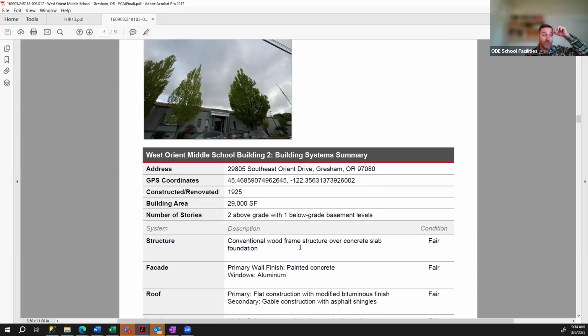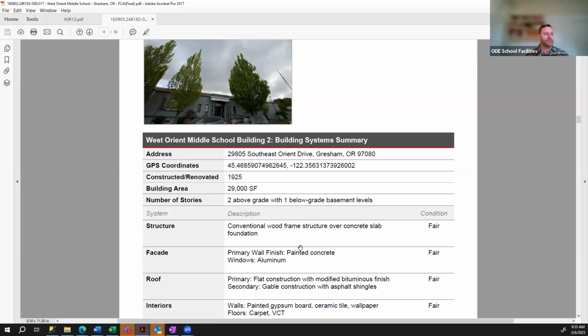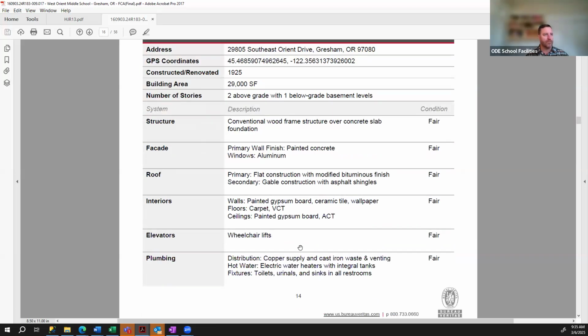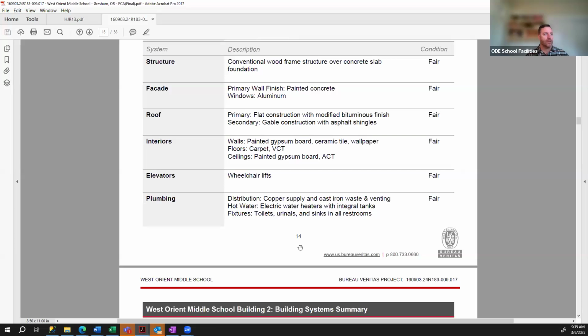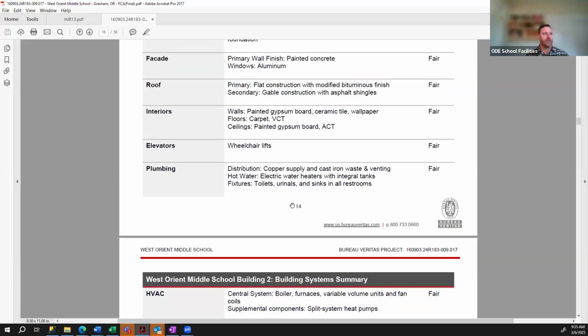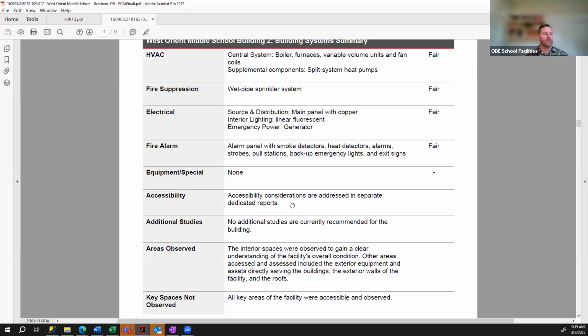All right, same thing with this one. Here's another building. Again, same format, all of the systems and components.